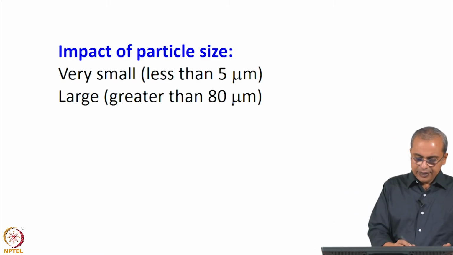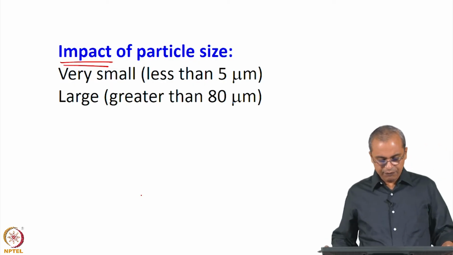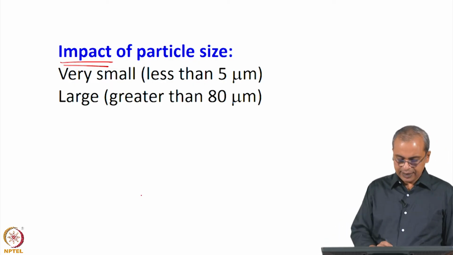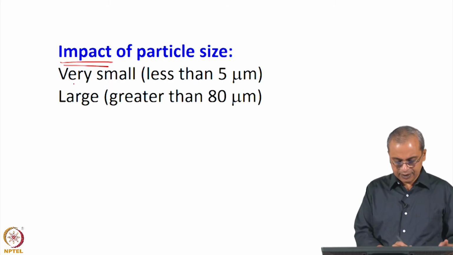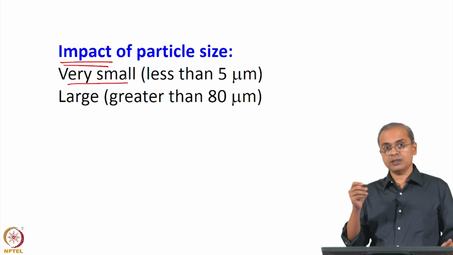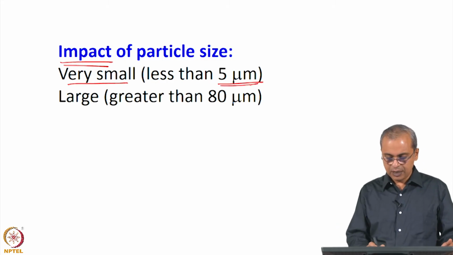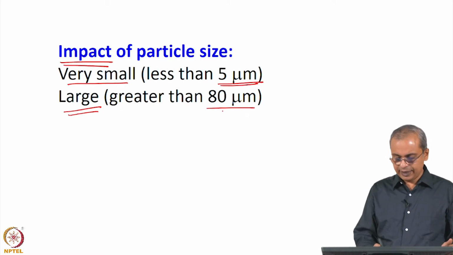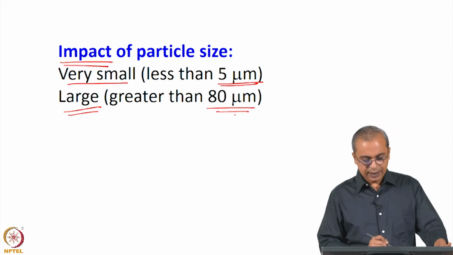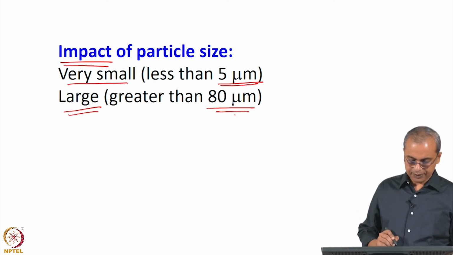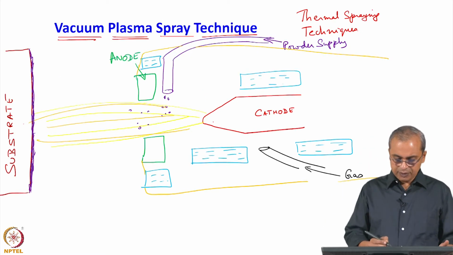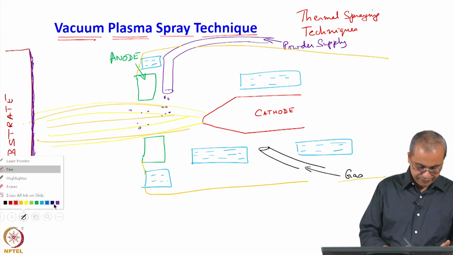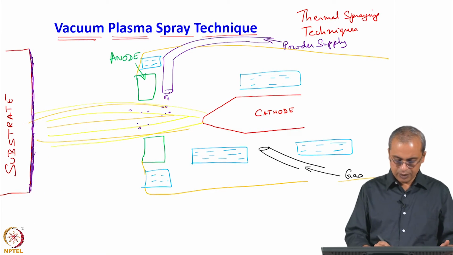Okay. So, one issue that we have is the impact of particle size. You can see here that I have indicated particle sizes that we can consider very small, which is less than 5 or 10 microns, and very large, which is greater than about, say, 80 microns. Corresponding to this there are some issues. This is where the particles are coming out.